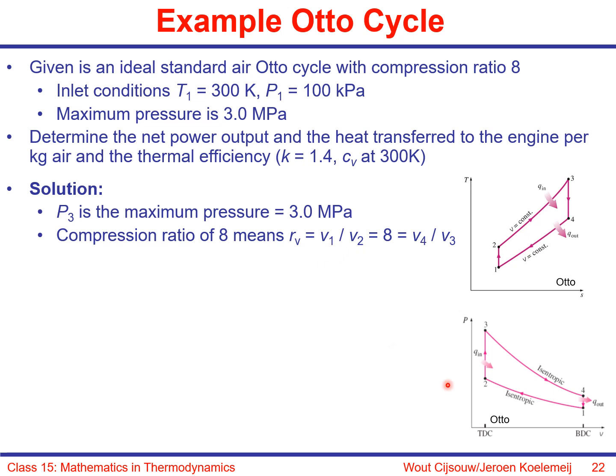And from the isentropic relations, remember, we could derive that V1 over V2 is equal to V4 over V3. So this factor of 8 applies to these two ratios as shown here. There's another piece of the puzzle.